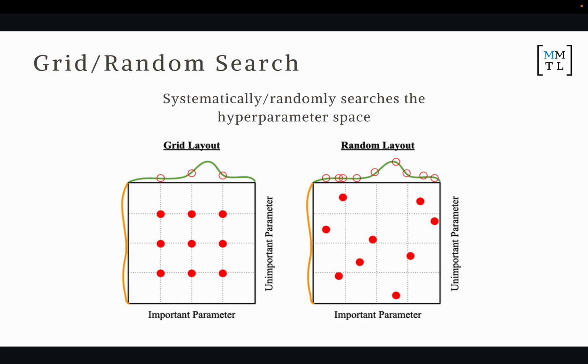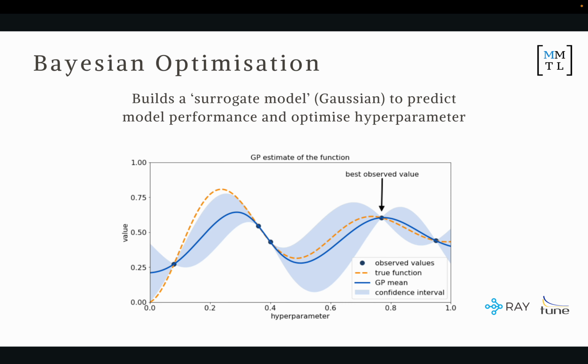But this program will automatically search in a grid pattern for you, testing all the different values. Or it might do it randomly: it might just choose a random value between 0.001 and 1 and see how well that works, okay? Now grid and random search, as you can imagine, is not that efficient either.